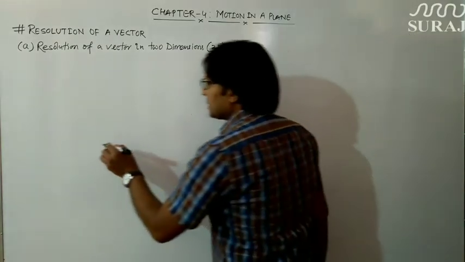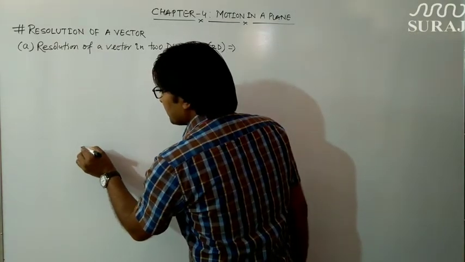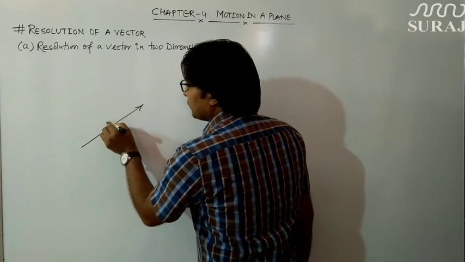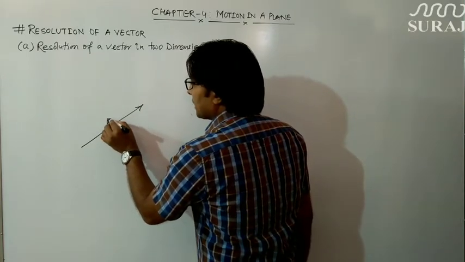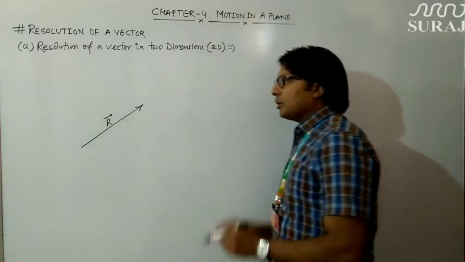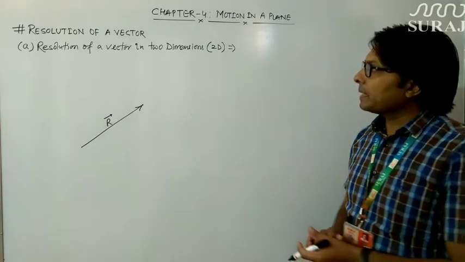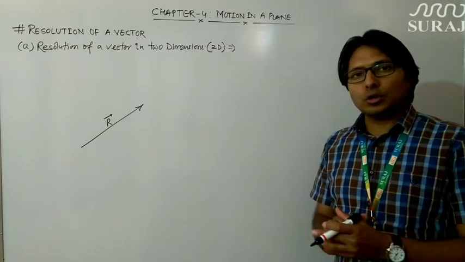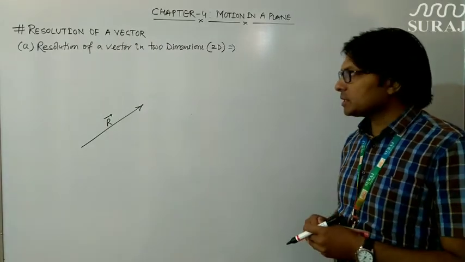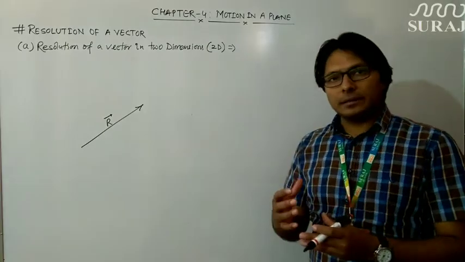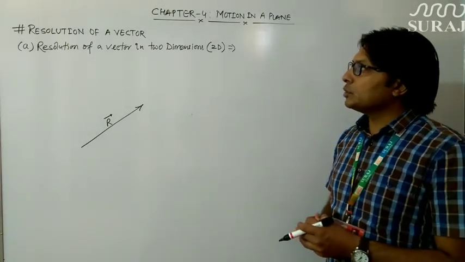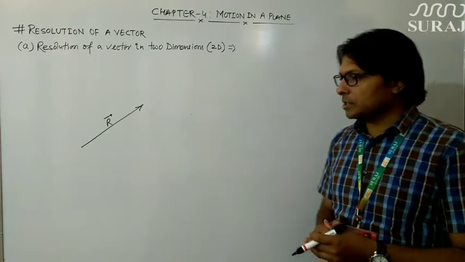Suppose I have this vector which is r vector, and I want to resolve this vector into two perpendicular components, which are also known as rectangular components, or we can also call it resolution of a vector in 2 dimensions.